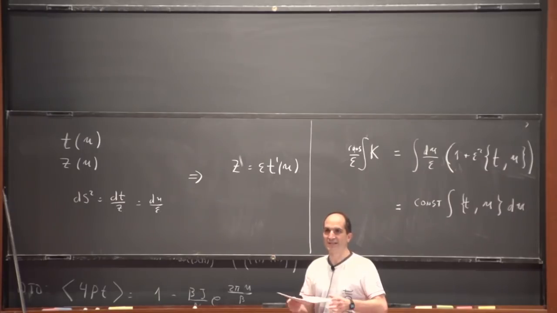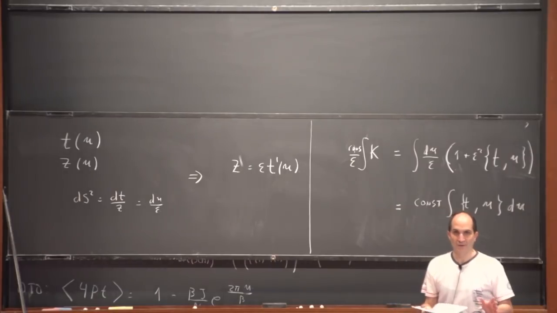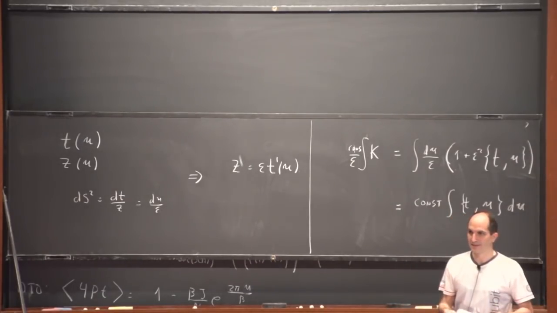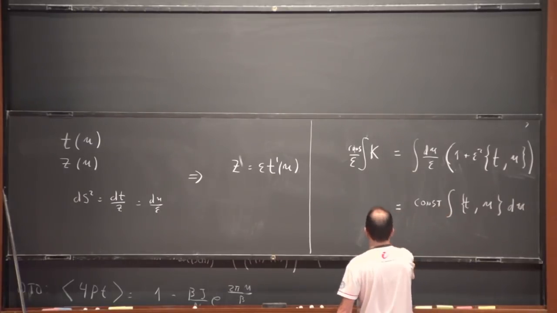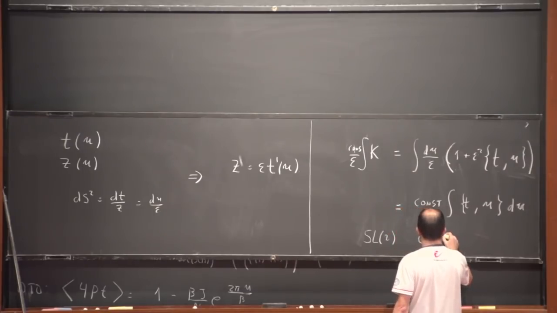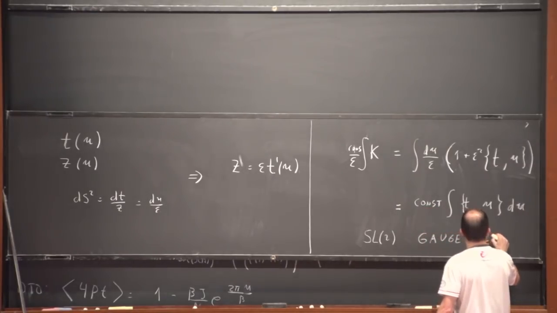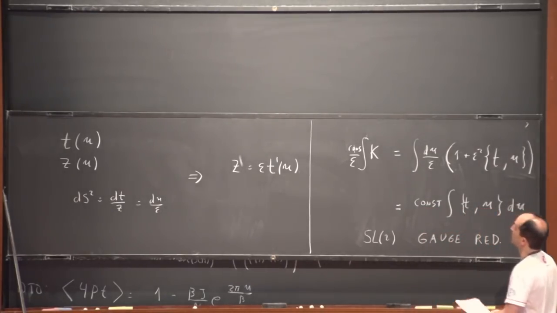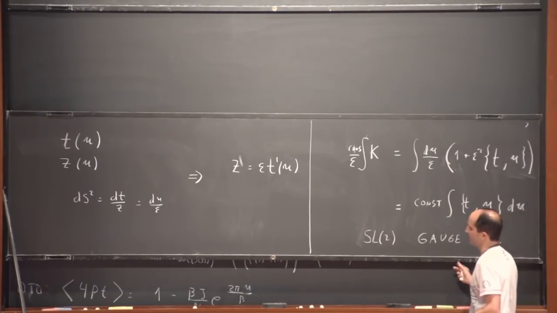That implies that functions that differ by an overall SL2 transformation are completely equivalent. So this action, like the SYK one, has an SL2 gauge symmetry, or gauge redundancy, which comes from moving the whole picture inside the ambient AdS2 space.